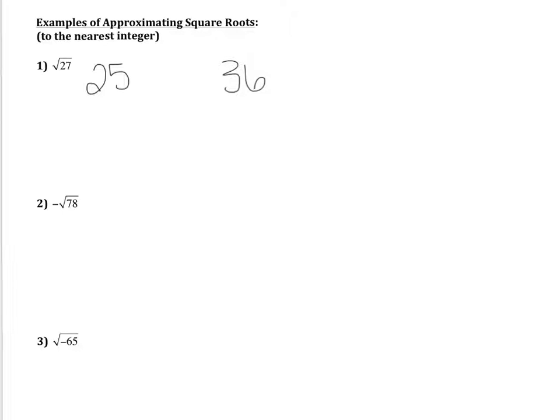It is 2 units away from 25 and 9 units away from 36. So you would approximate that the square root of 27 would be closer to the square root of 25 than to the square root of 36. So we would say the square root of 27 would be about 5, since 27 is so close to 25 and the square root of 25 is 5.